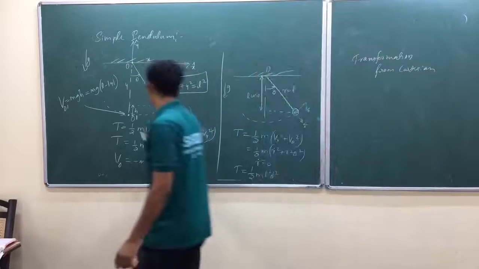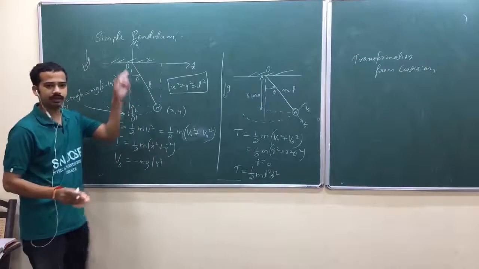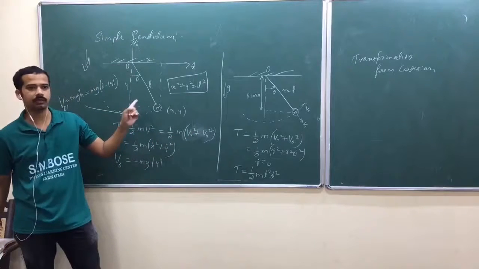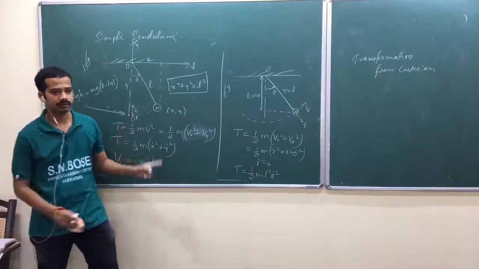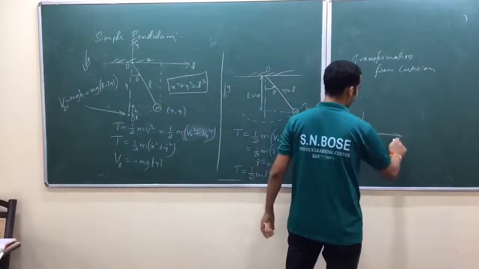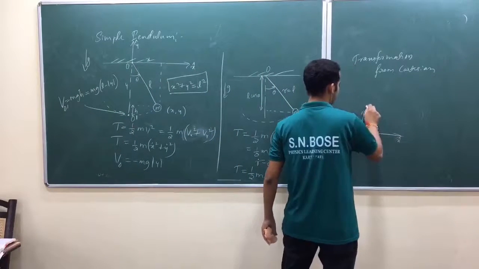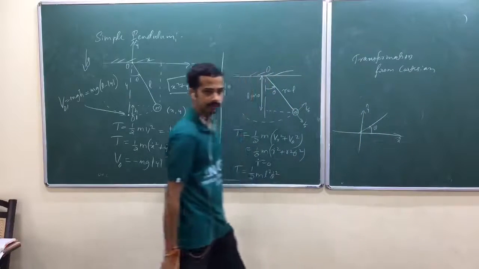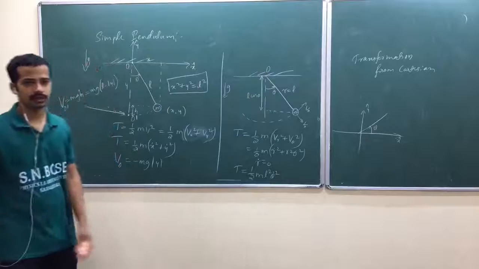Actually, if you had taken this one as the positive x-axis and this one as the positive y-axis, then you would directly get x equal to r cos theta, y equal to r sin theta. Isn't it? From Cartesian, how would you go to polar, with x cap, y cap here, and you measure theta from this one, am I right? Are you getting my point?